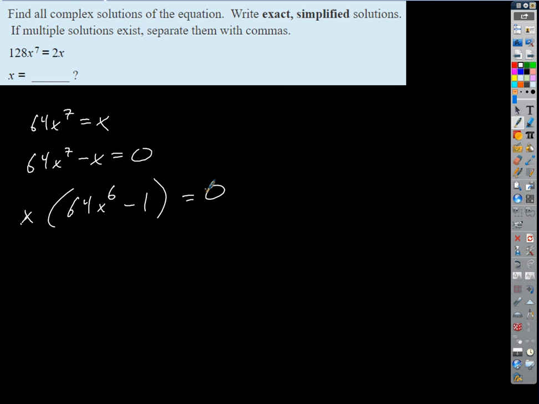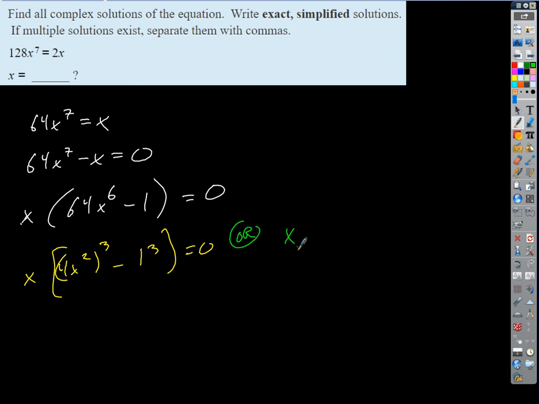I could think of this, let's write them both down. So we could rewrite this as 4x squared cubed, minus 1 cubed, right? Or we could think of this as a difference of squares.